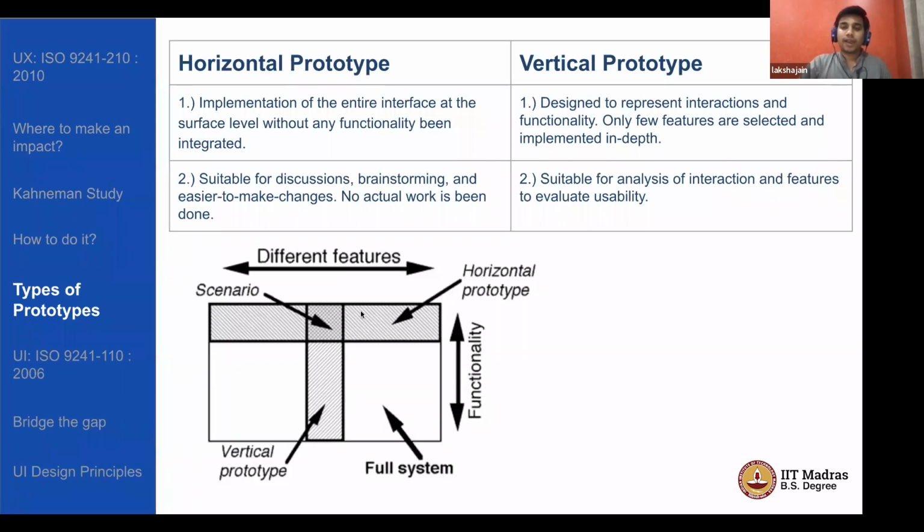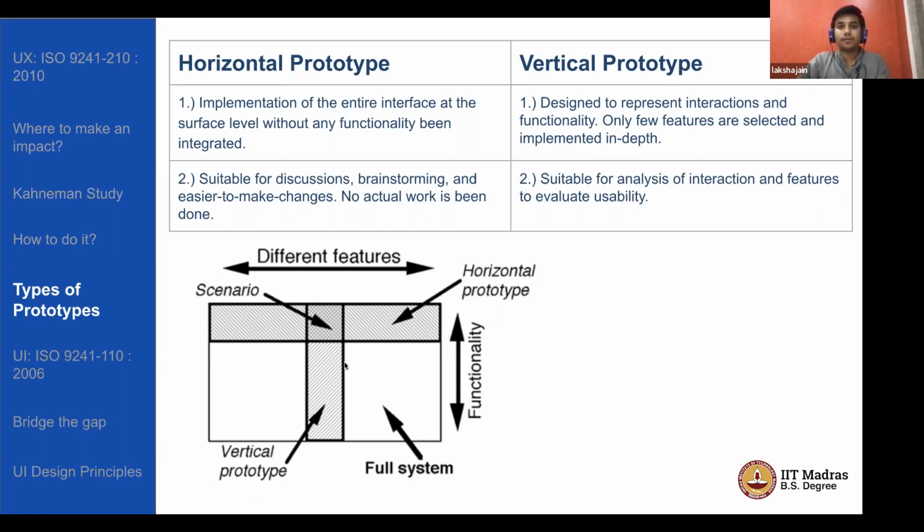So there could be various scenarios of the user flow that your application has. And vertical prototypes come into the picture when you take one scenario and build upon that scenario in depth, where there is some code implemented at the backend, and that takes into account the whole of the data modulation and transformation. So over there, we have interaction being incorporated.